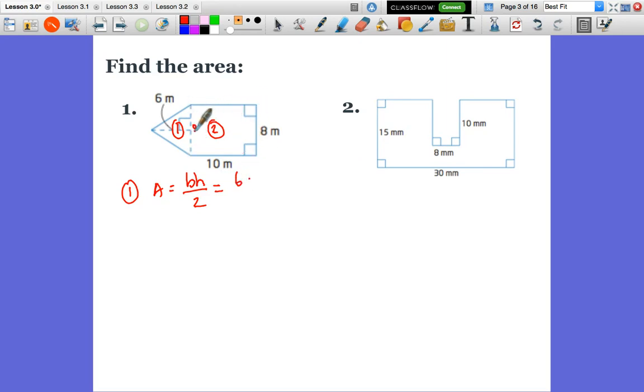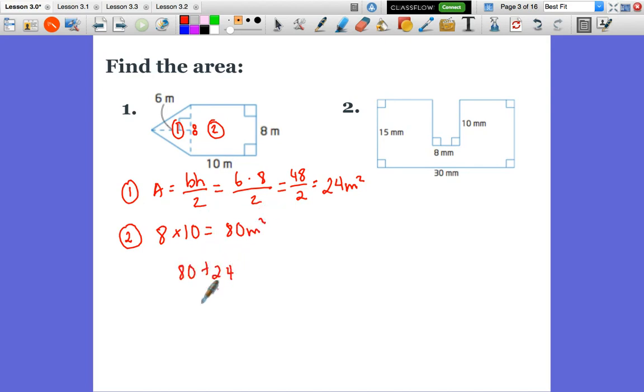So this is also 8. So 6 times 8 divided by 2. That's 48 divided by 2, so 24 meters squared. And then number 2, 8 times 10, because it's just a rectangle, so 80 meters squared. And then we can add 80 and 24, which gives us 104 meters squared.